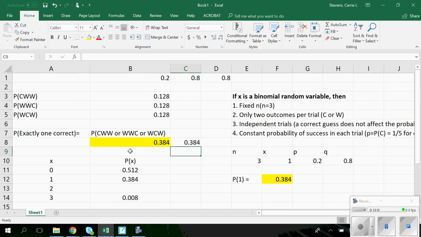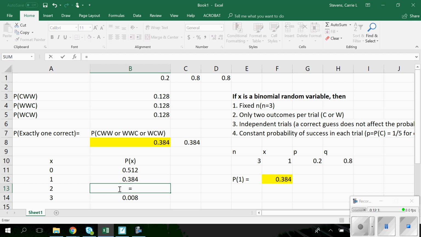Since there are 3 positions for a wrong answer, I could do equals 3 times the probability of correct to the power of 2, because I'm going to have 2 correct ones, so 0.2 times 0.2, and then times 0.8 to the power of 1 incorrect answer.